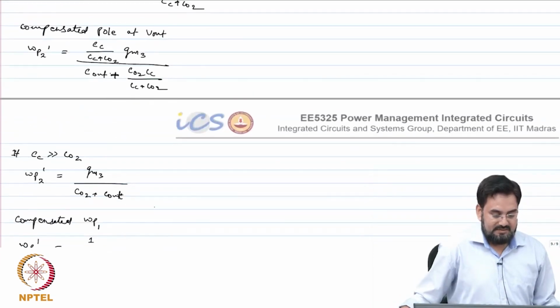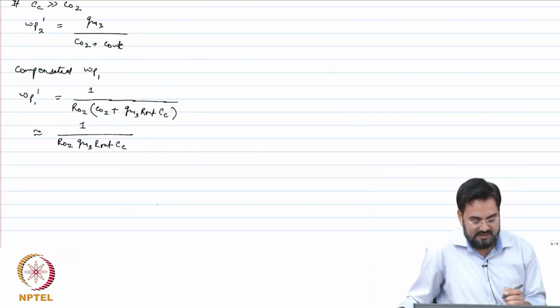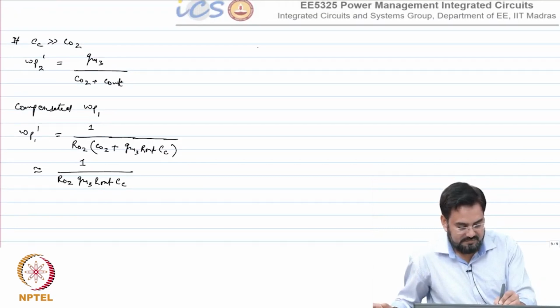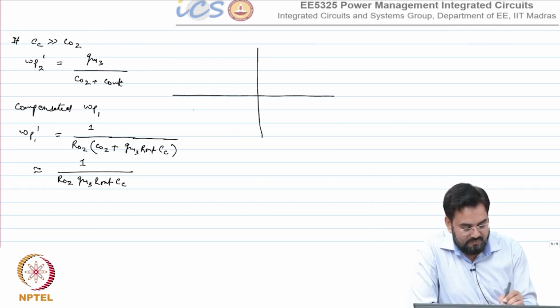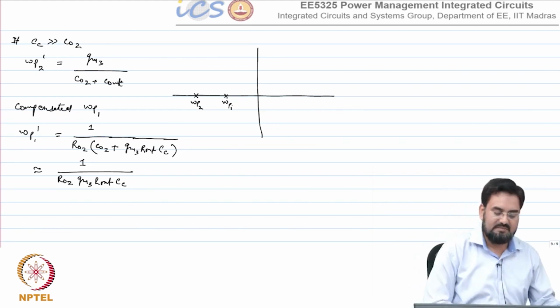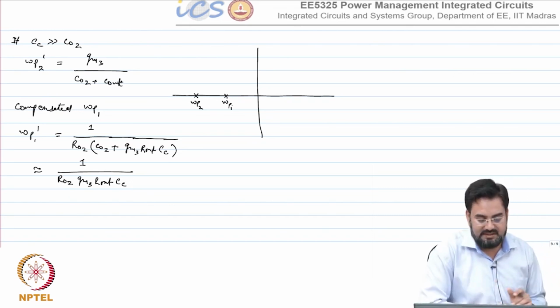So, what is happening here? The original pole, now if I draw on the S plane, this is omega P1, omega P2, omega P1. I am considering omega P1, the first pole, is at a lower frequency, uncompensated.